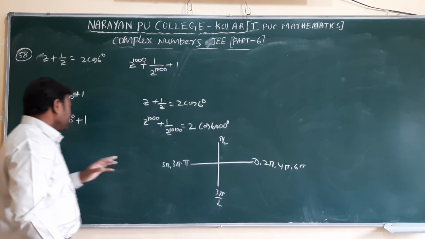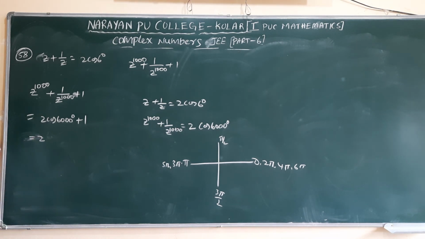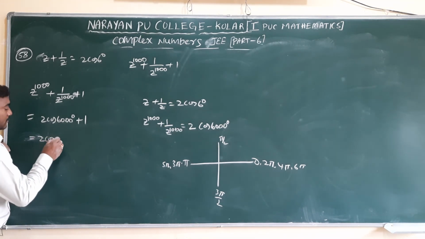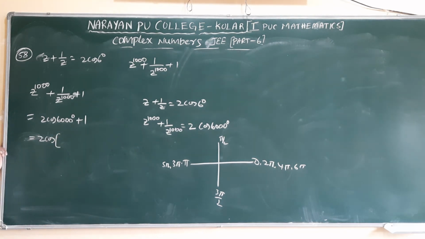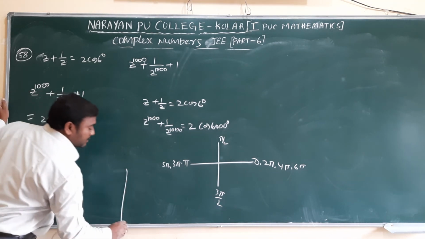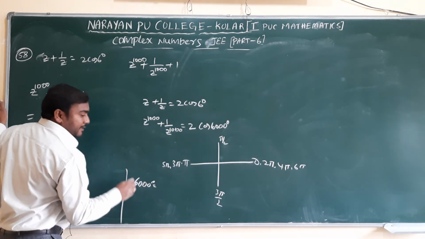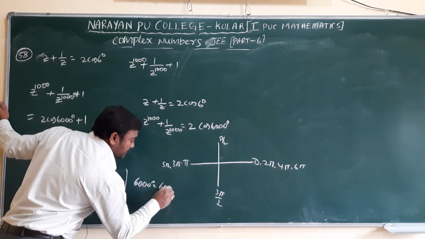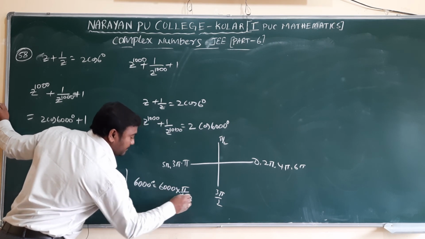Here it can be written as 2 into cos of 6000 degree. Convert the degree into radians. So 6000 degree is equal to 6000 into pi by 180.